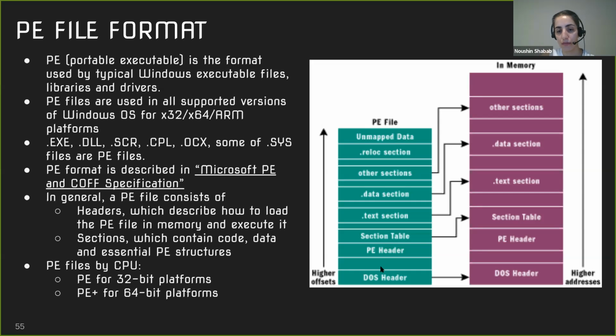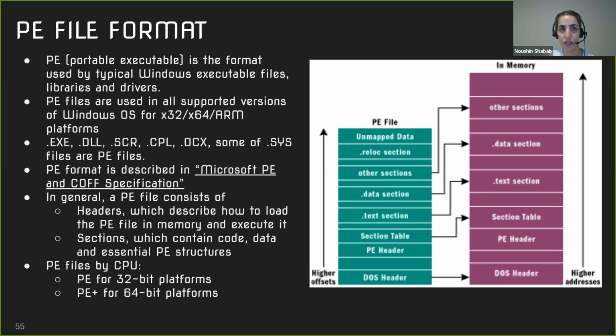It shows a common PE file with the headers at the bottom, which is the lower offsets starting from offset 0 for each file, and goes towards higher offsets with the PE header section table that defines different characteristics of different sections.